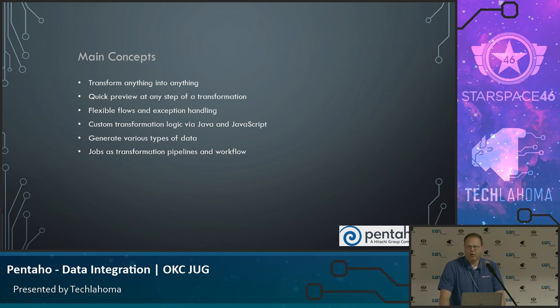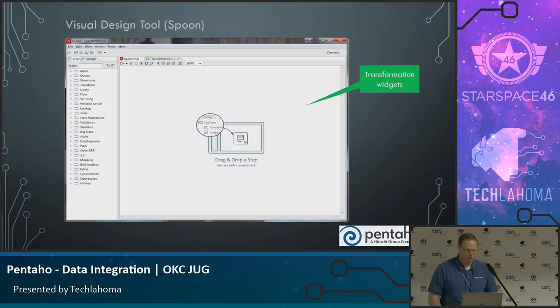You don't have to program the whole thing from front to back. You can generate various types of data, so you can generate random test data if you need it. And jobs, where you create jobs to flow from transformation to transformation, so it allows you to build a whole workflow. And we'll look a little bit at that as well.